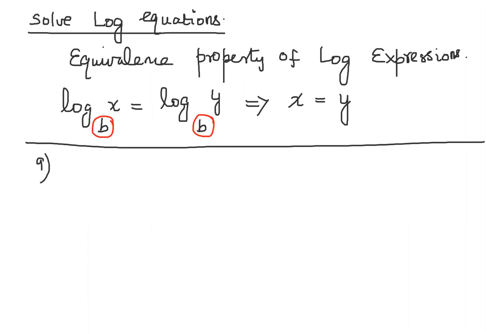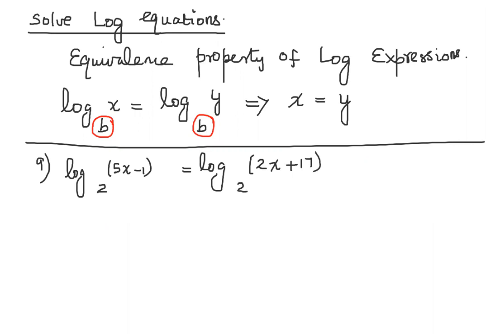So number 9, I have log of 5x minus 1 equals log of 2x plus 17 to base 2. So if you look at that, I have log on both sides. You have to have one single logarithm on both sides.